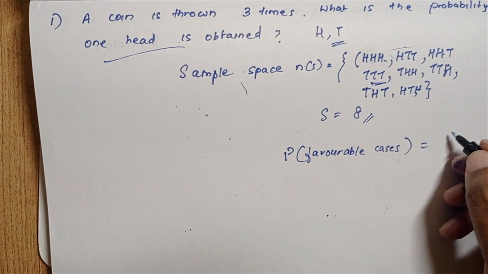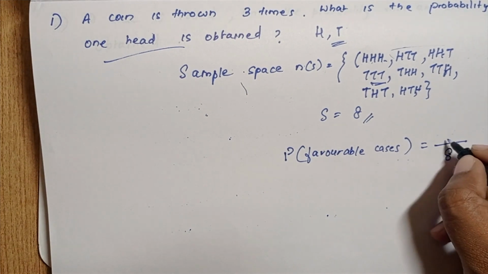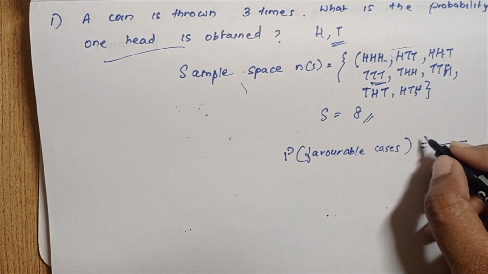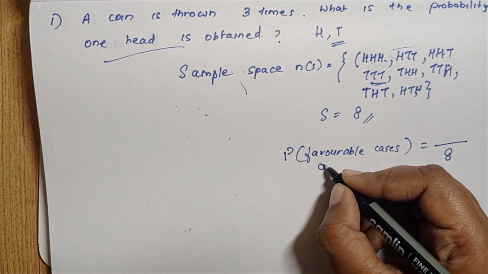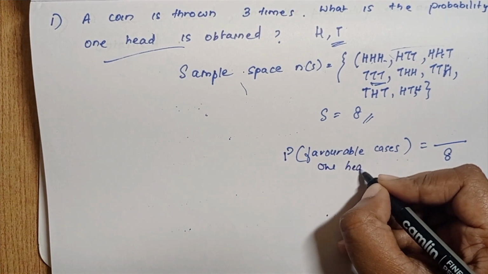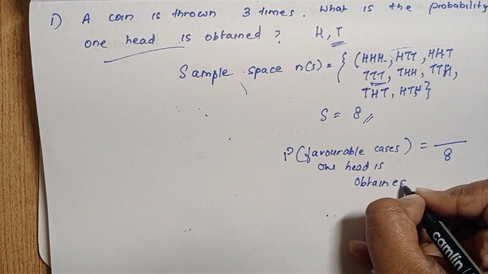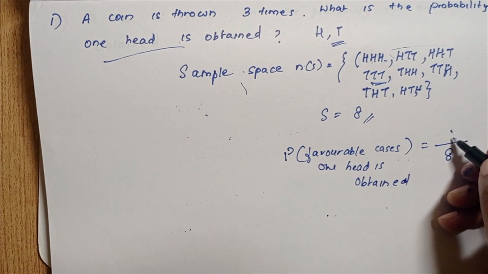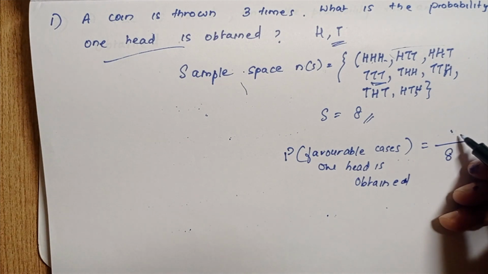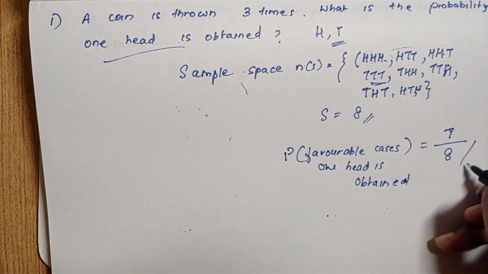So by the basic formula, the total number of outcomes is 8. Out of that, the favorable cases, that is, the probability that at least one head is obtained, is 7 out of 8.